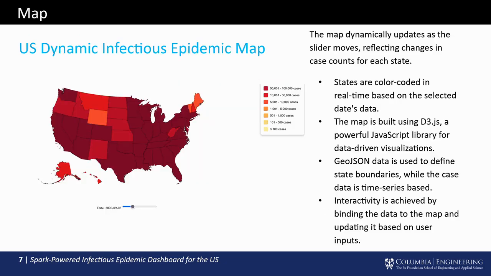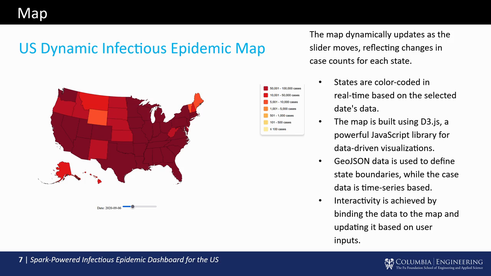And here's our United States dynamic infectious epidemic map. This map dynamically updates as the slider moves, reflecting changes in case counts for each state. For the progress presentation, we only had about 20,000 rows of data, and now we found more data, up to 2 million rows. The states are color-coded in real time based on the selected date.